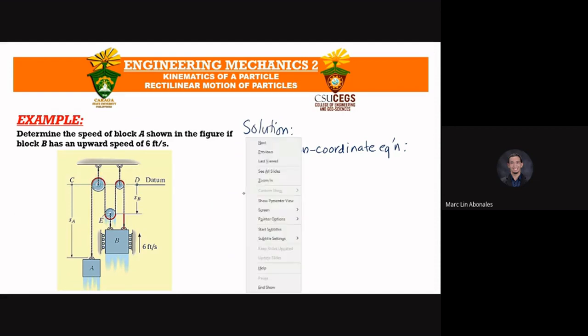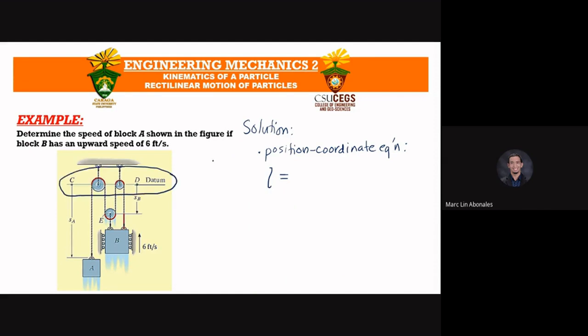Also, in the position coordinate equation, we need to identify our datum, or what we call the fixed point. That is actually the origin, which is our basis for the positions of our points or the blocks.